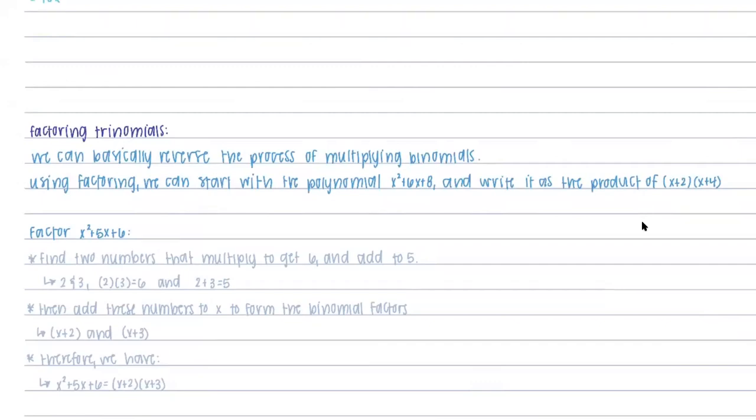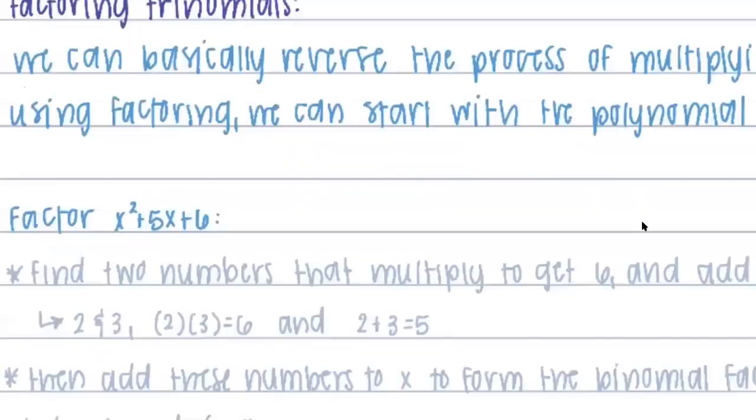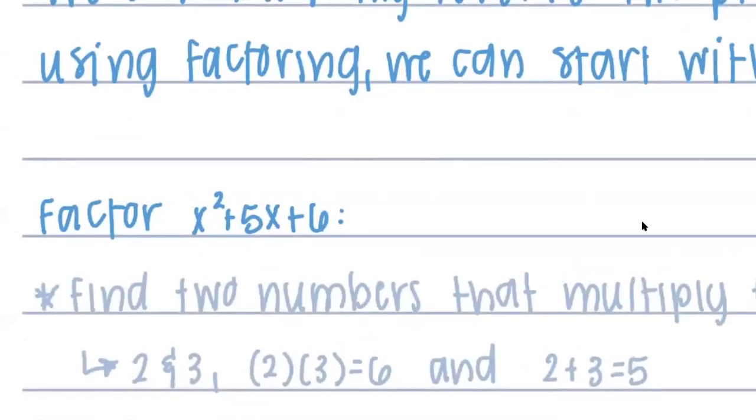If you have x to the power of 3 plus 5x plus 6, that's not a quadratic. The highest power can be a 2. So this right here is a quadratic: x squared plus 5x plus 6.